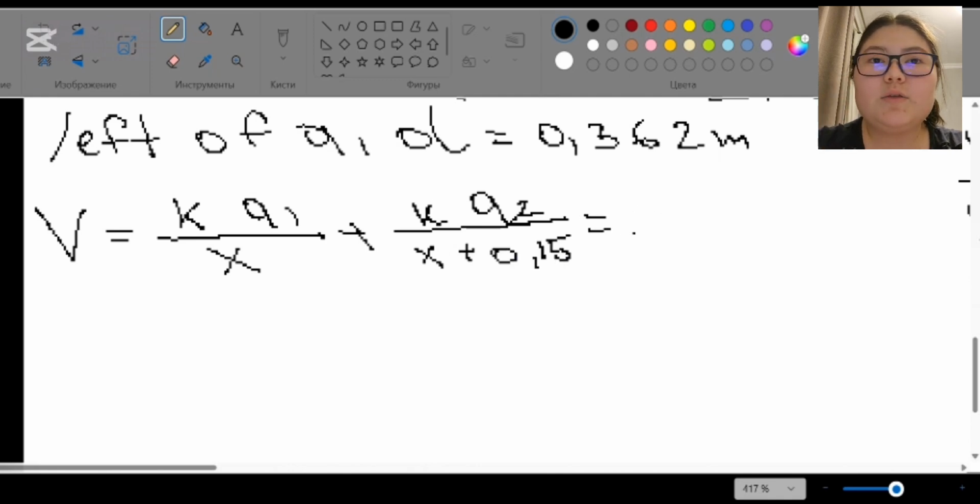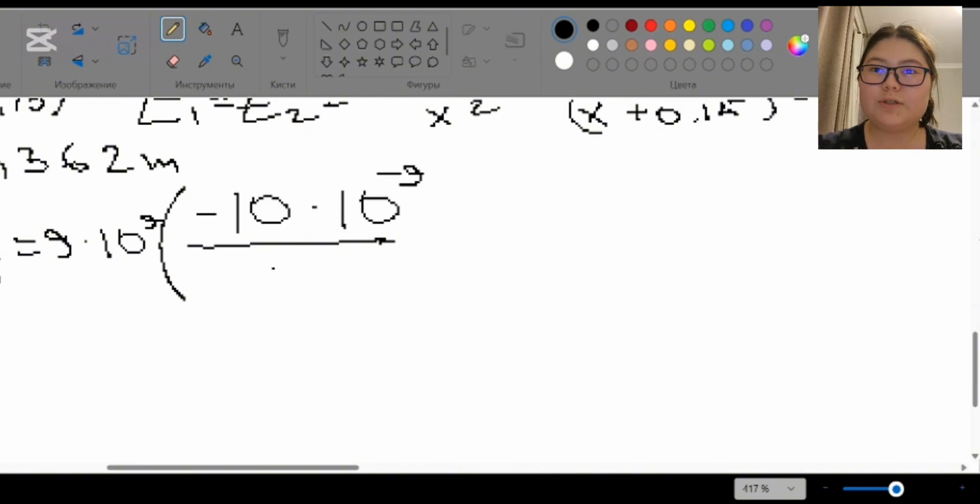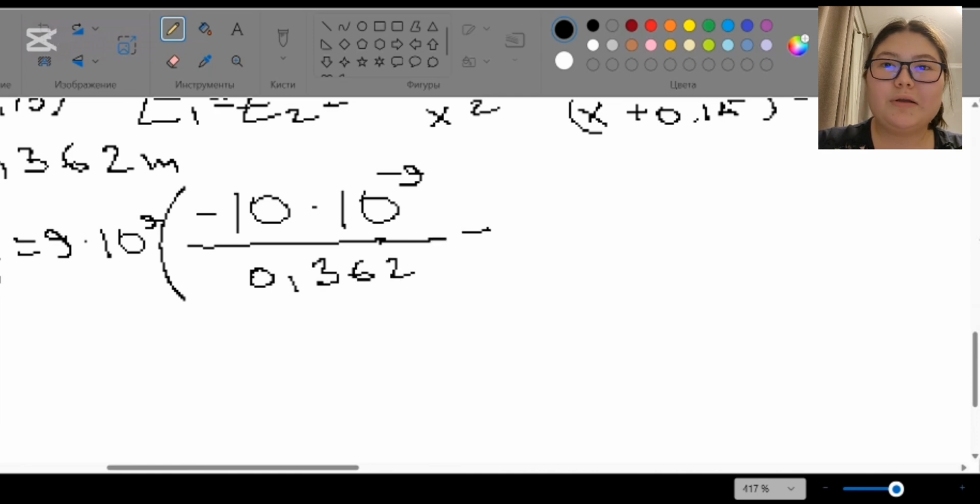Let's put the Coulomb's constant before the brackets, because we have the first point charge divided by our distance, plus the second point charge divided by our second distance.